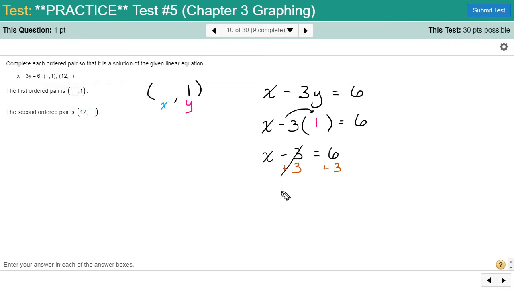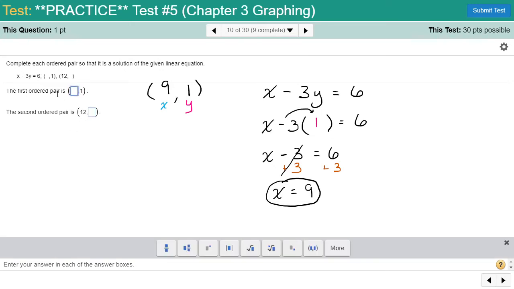So the only thing we have remaining on the left is an x, and on the right we have 6 plus 3, which gives us 9. And so we just found the corresponding x value, which in this case is positive 9. So let's go ahead and enter that into our answer. So the first ordered pair is 9, comma 1.